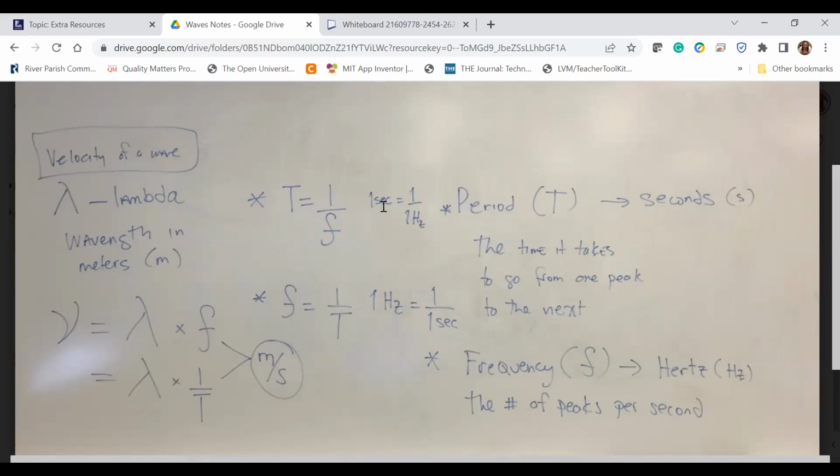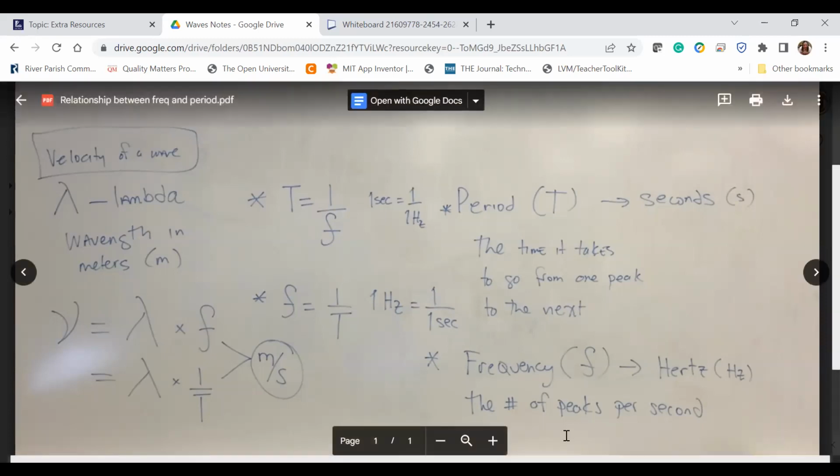Seconds for period, 1 over hertz for our frequency. Or we can say frequency equals 1 over the period. Hertz for frequency, 1 over seconds for period. The definition for frequency, recall, is the number of peaks per second, and it's measured in hertz. So this is kind of like a summary screen of the various properties that we can measure when we're analyzing wave motion.